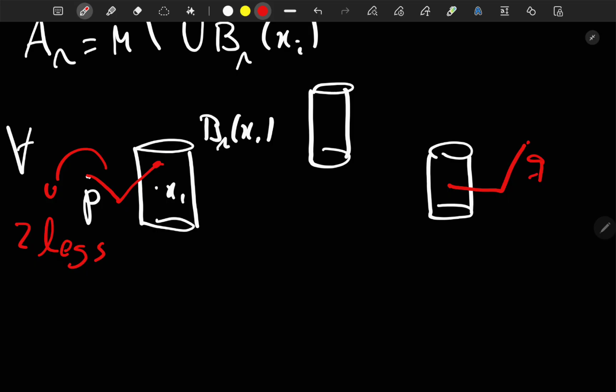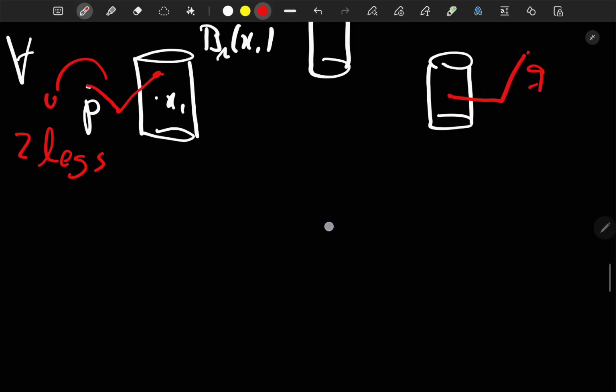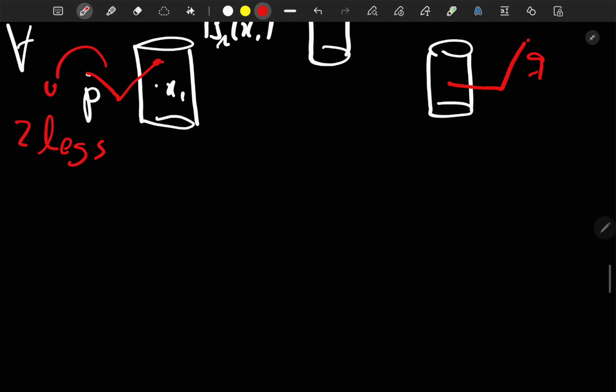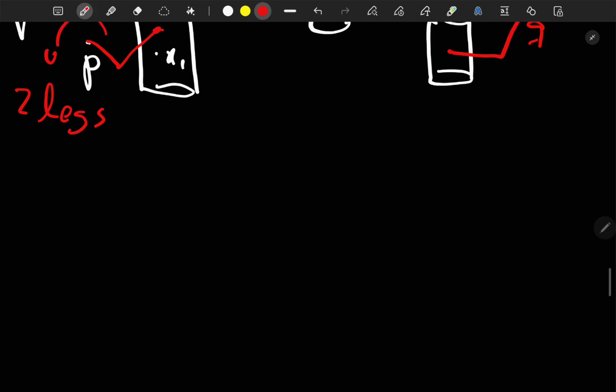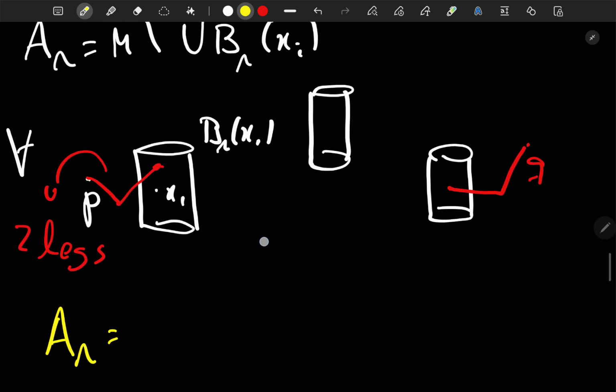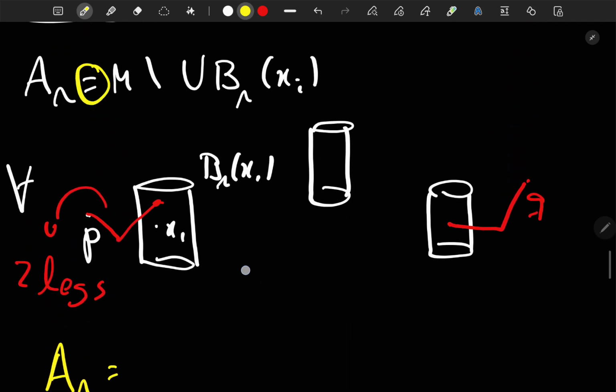Okay, well, this is very easy to do, and the main point is that in particular you can take r small such that AR, so AR is this, right?